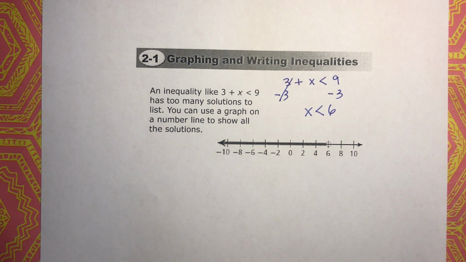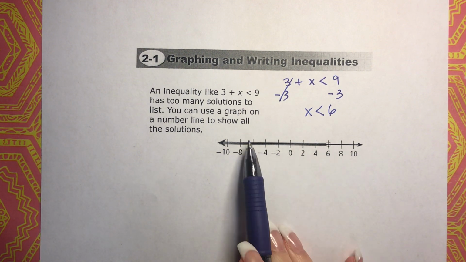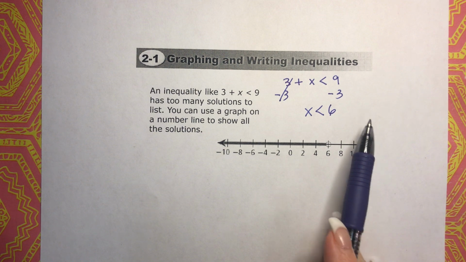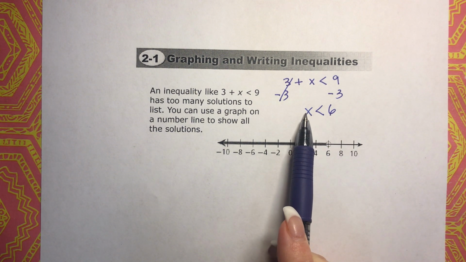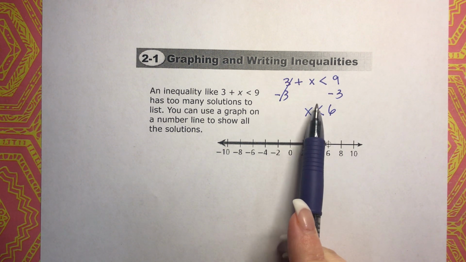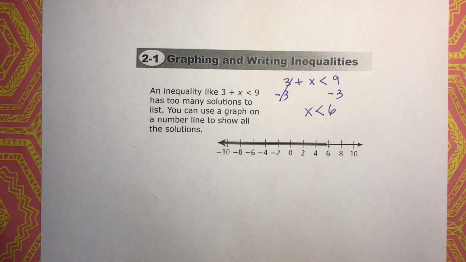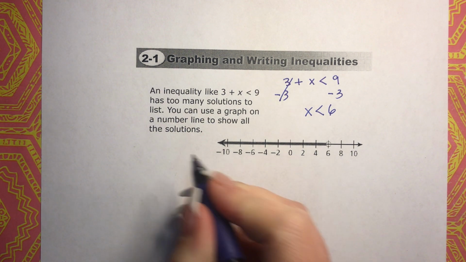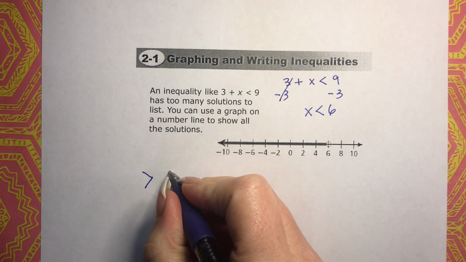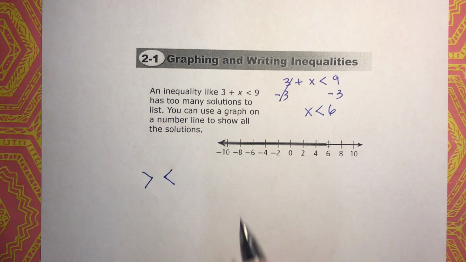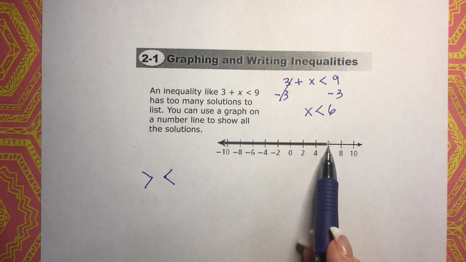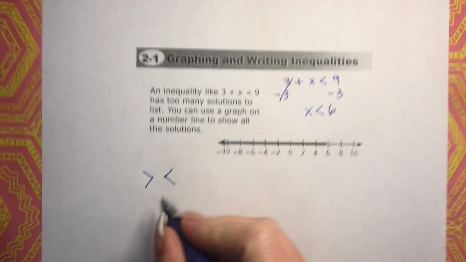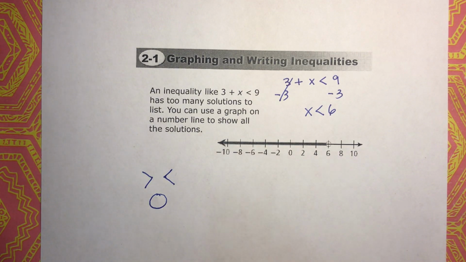Now let's go over a few of the things we see here. This is x is less than, so this is the less than sign. Whenever you have a greater than or a less than sign in your graphing, you use an open circle, like that.